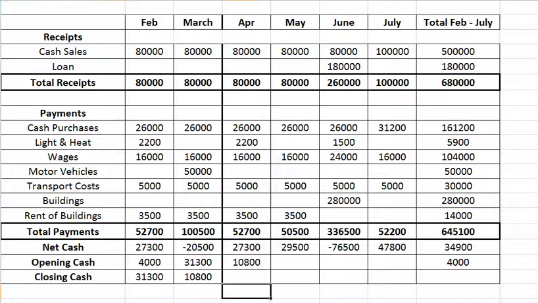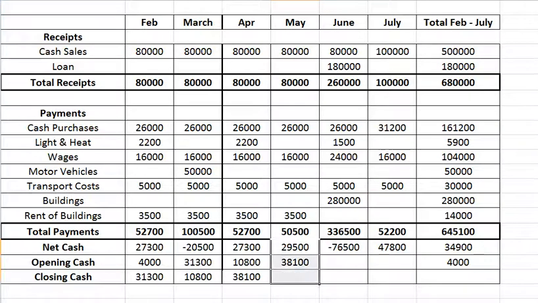Okay, back down here now again. We have our net cash here, which is what we think we're going to save during the month. The cash Lee Limited think they're going to carry at the beginning of the month, so you add those two together to get closing cash at the end of the month. And of course closing cash at the end of the month becomes the opening for the beginning of the next month.